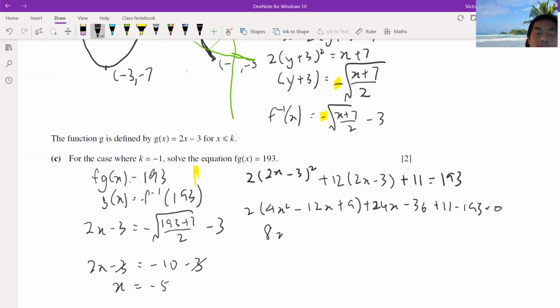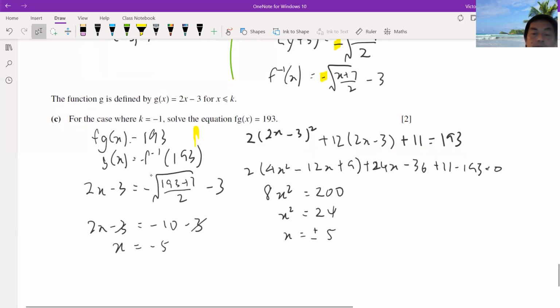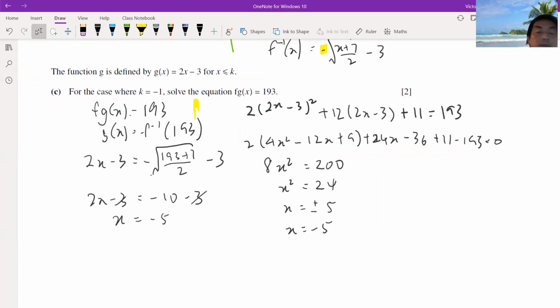So here, simplifying, you get 8x squared plus 18 minus 36 is minus 18, plus 11 is minus 7, equals 200. Okay, so x squared equals 25. x is plus or minus 5. Of course, x is smaller than -1, so x is -5. This is the longer route.